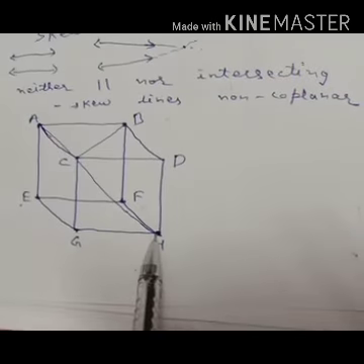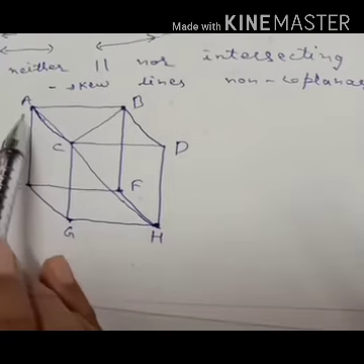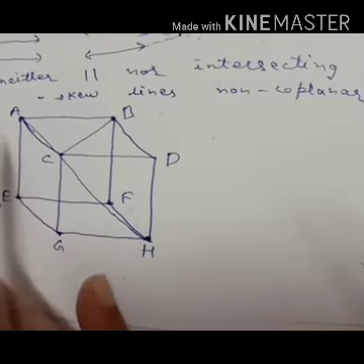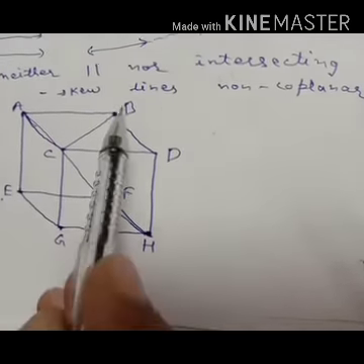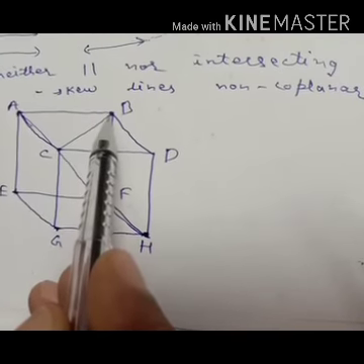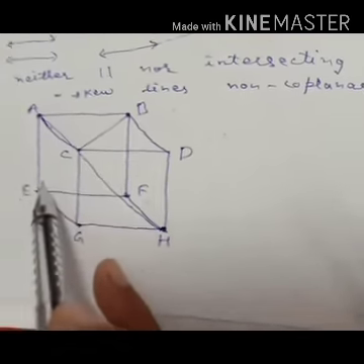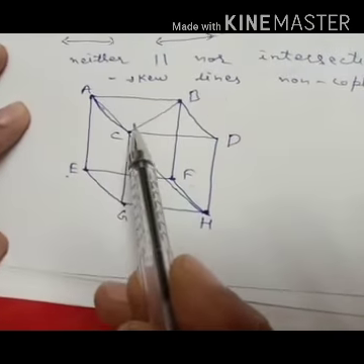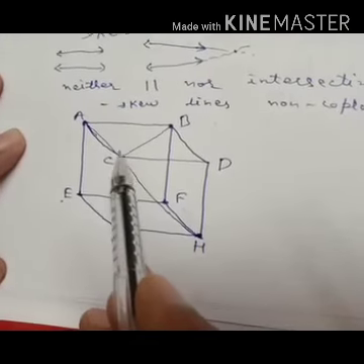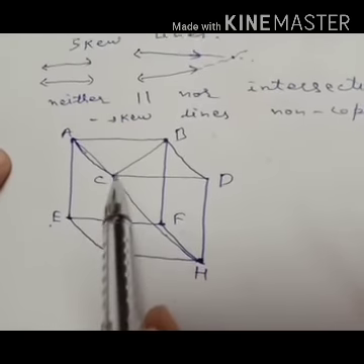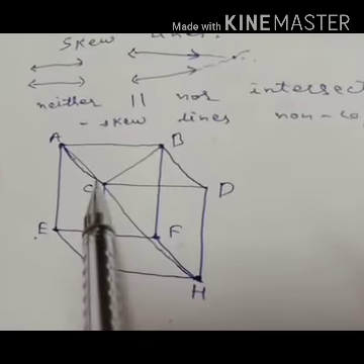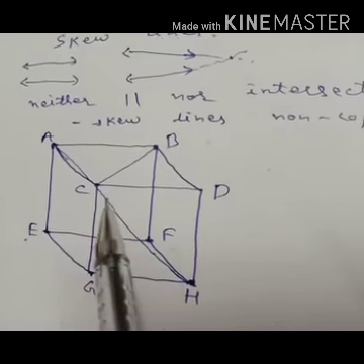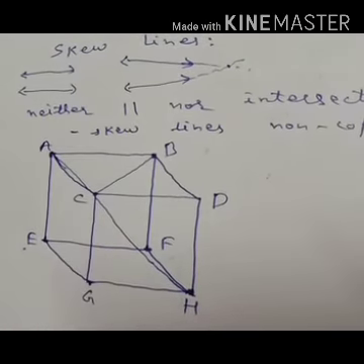But if you consider a room and in the room you join opposite vertices, one at the top, one at the bottom, and draw a line passing through them, and draw another line passing through opposite vertices at the top, they will never intersect. Those two lines are neither parallel nor intersecting. So they are skew lines, and skew lines are always non-coplanar.